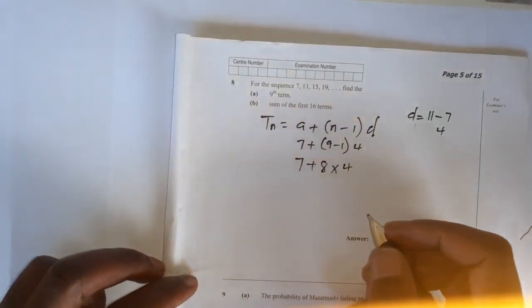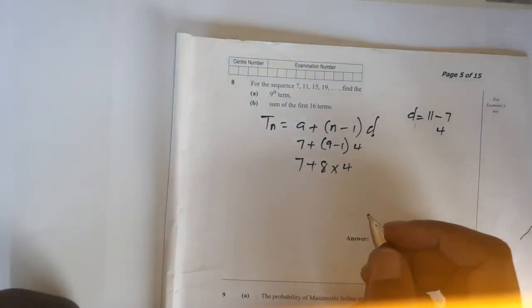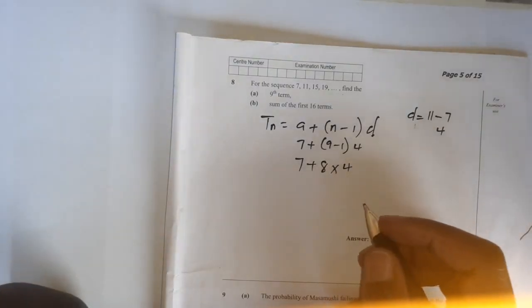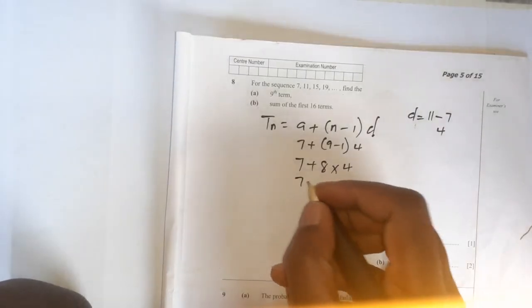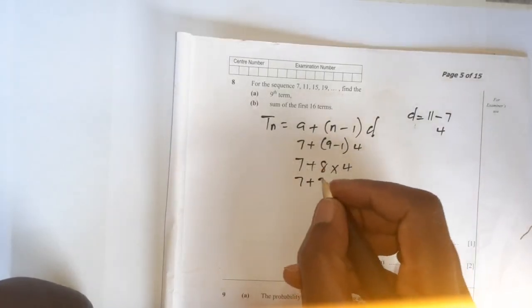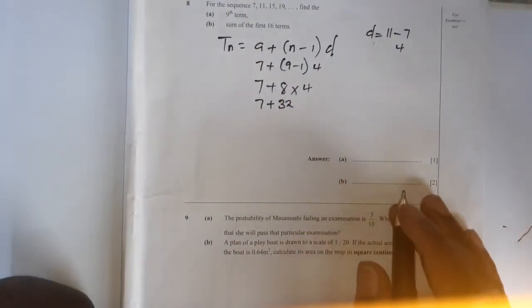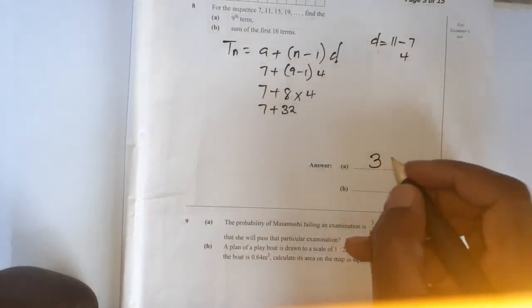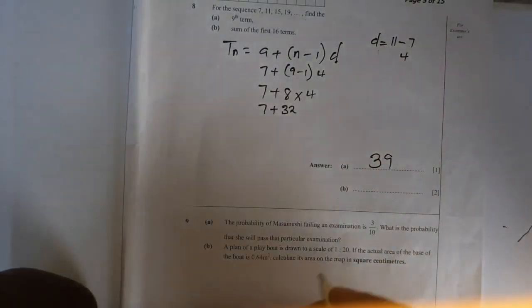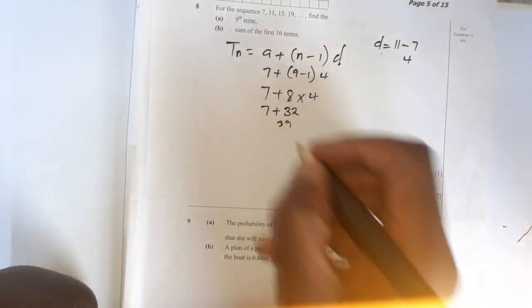Are we together? You know that the rule is that before you add, you multiply. This gives us 32. When you add, you get 39. So 39 is our answer.